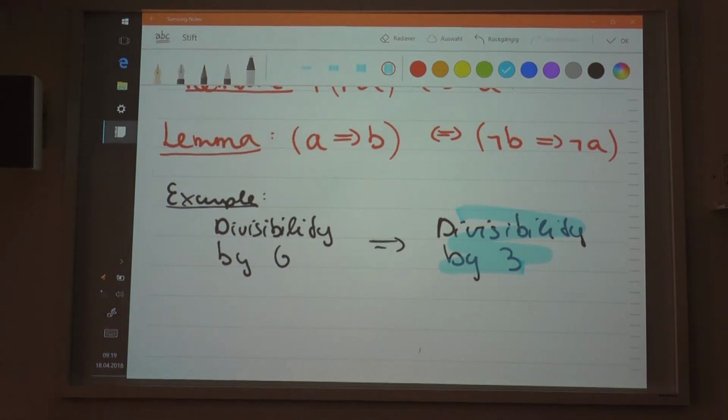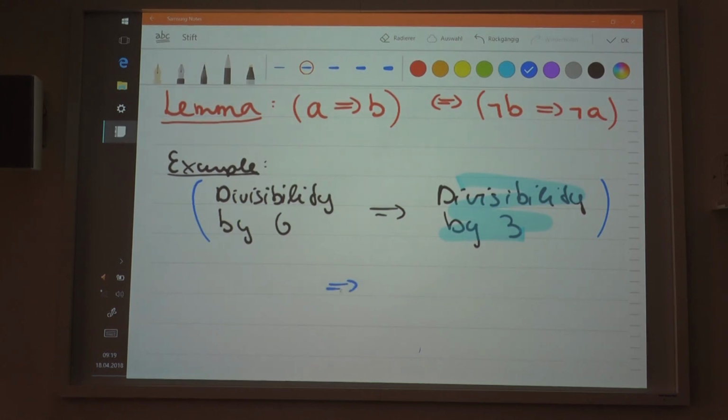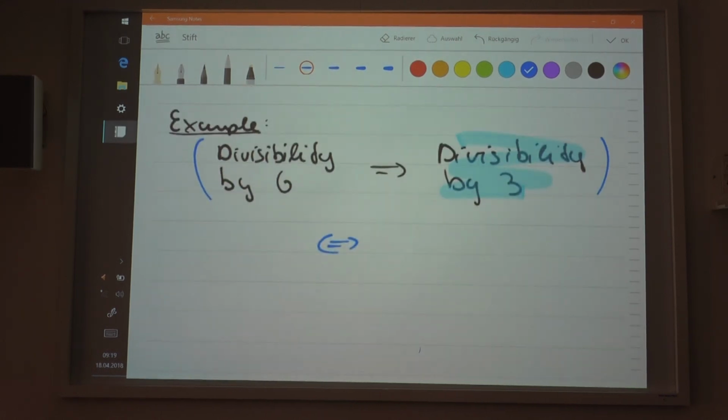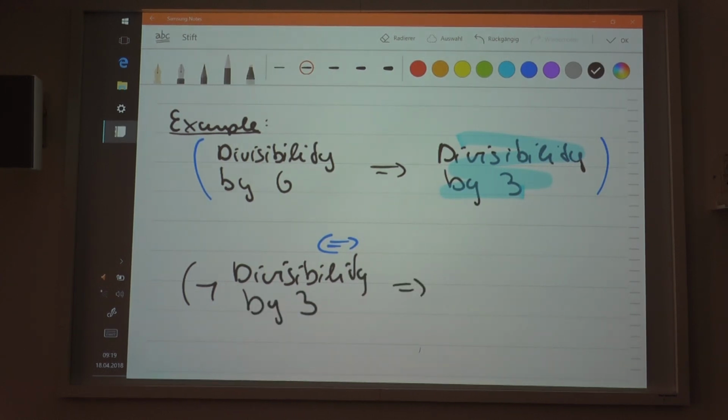So this is equivalent to the following, and let me just denote this. I put this in parentheses and I'm going to express this as the following equivalent statement. If that statement is not true, let me write it like this: if divisibility by 3 is not true, then this implies that the number is not divisible by 6 either.